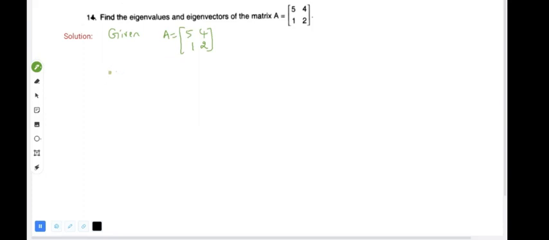So to find the eigenvalues and eigenvectors, we need to write the characteristic equation of the matrix A. So the characteristic equation of A is mod of A minus lambda I equals 0.